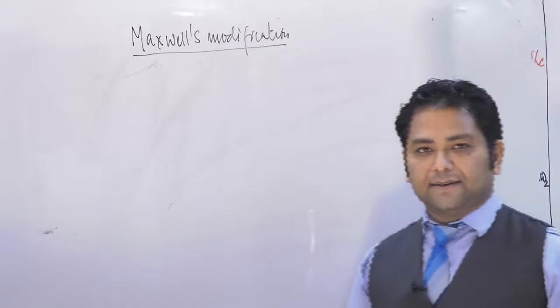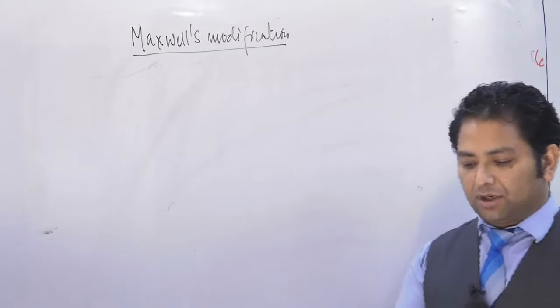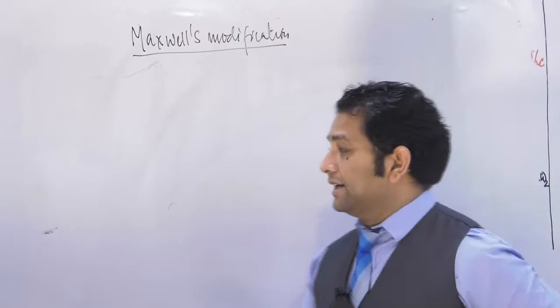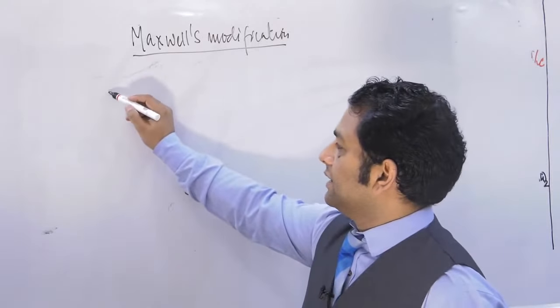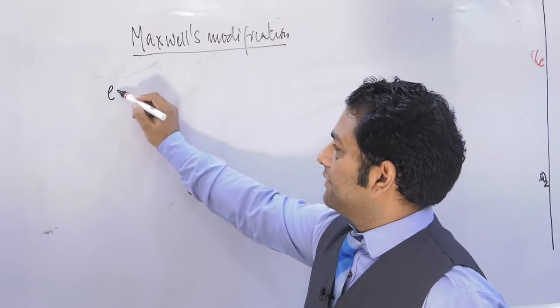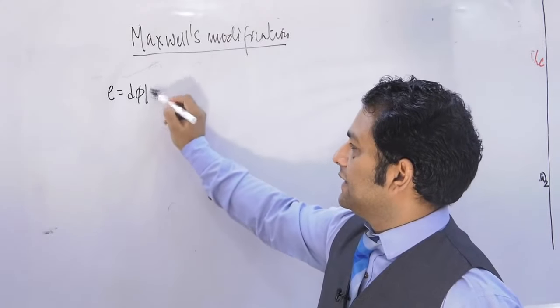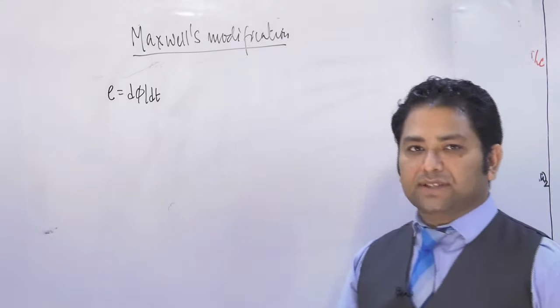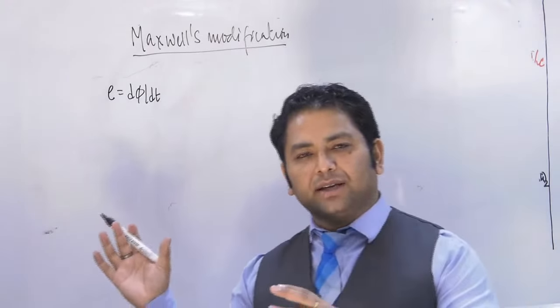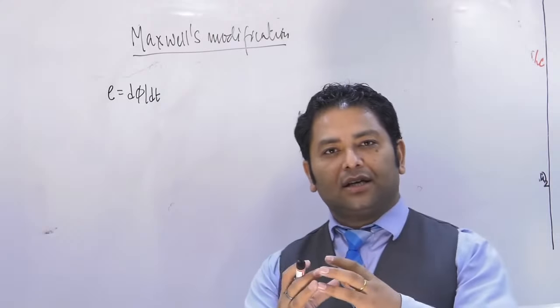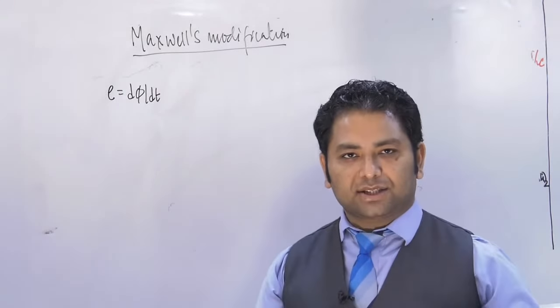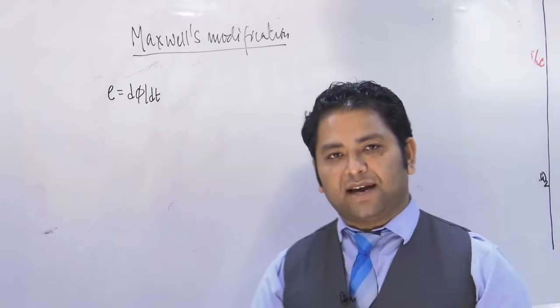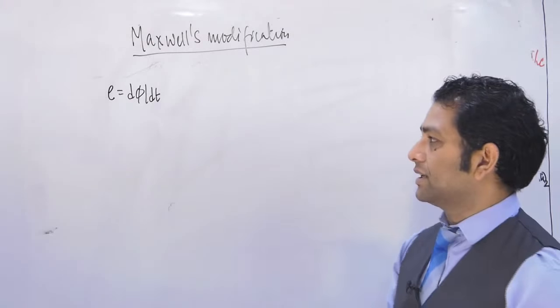To understand that, I'll just give you a small idea. First of all, if you talk about EMF, that is d phi by dt, whenever magnetic flux changes with respect to time. Why am I doing it? So that you would have a nice confusion-free compilation. Otherwise, if I directly write the fact, chances are that you may get confused.